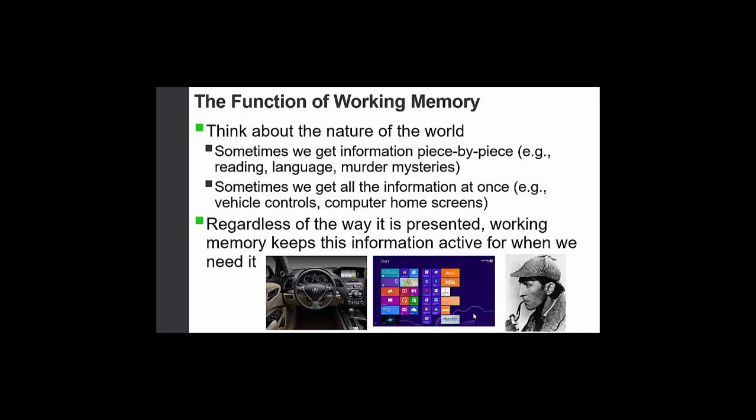And so as we talk about this, I want you to keep two things in mind. As we continue to talk about working memory, keep in mind the piece by piece versus all at once nature of how we get information from the world and how that might interact and affect memory systems. But then the other thing that I want you to keep in mind is whether there are ways that we're designing things so that we can basically override working memory, so we don't have to put as much effort into working memory and keeping things in mind.